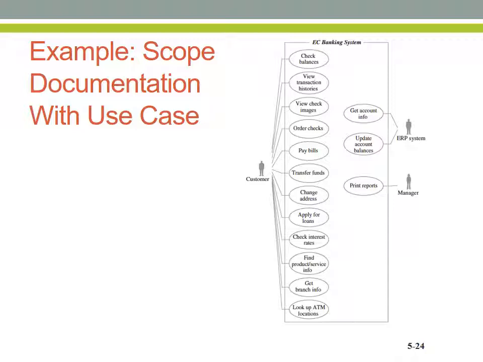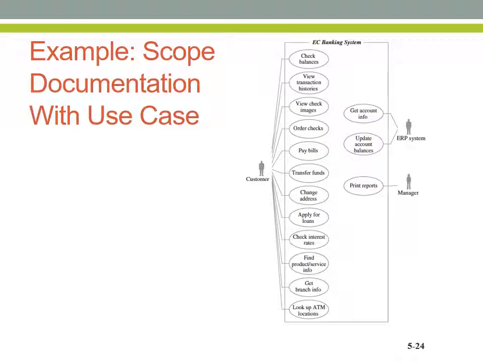Here is another look at a use case diagram. As we have seen before, the system itself is always shown in a rectangle in a use case, and then we have our actors outside of our rectangle because they interact with the system.